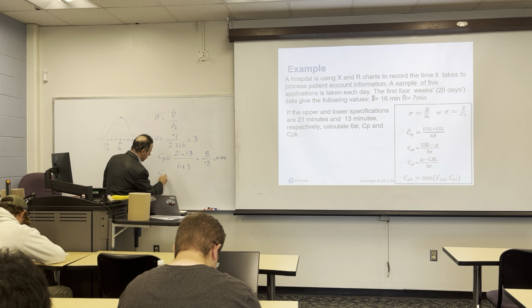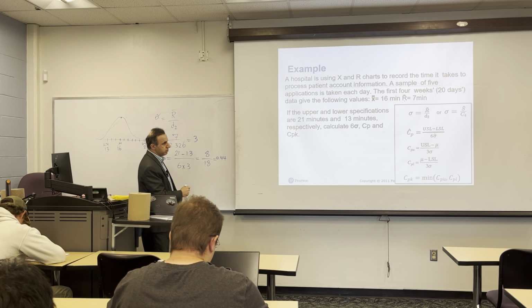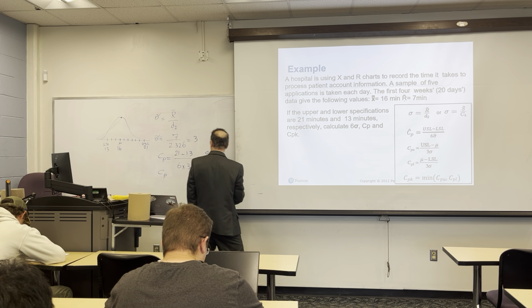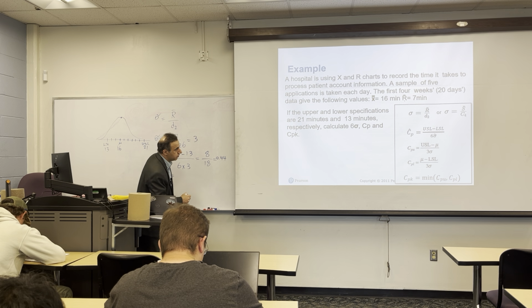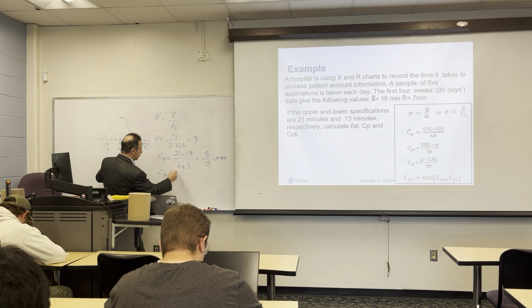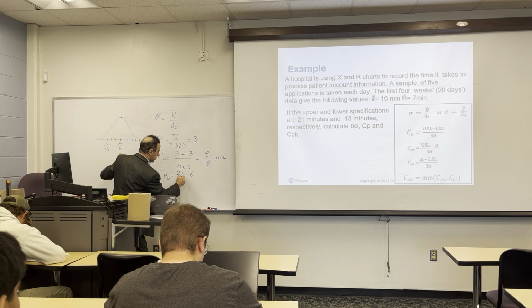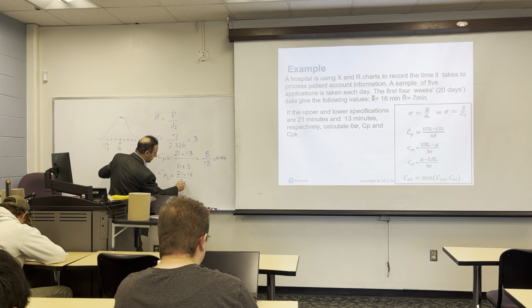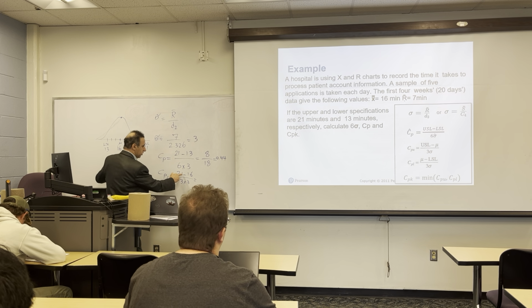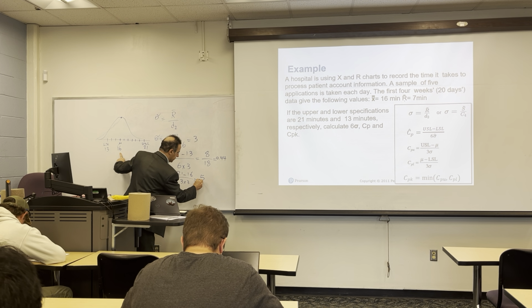What is CPK? Let's use CPU: USL, 21 minus 16, divided by 3 times 3, so that is 5 divided by 9.